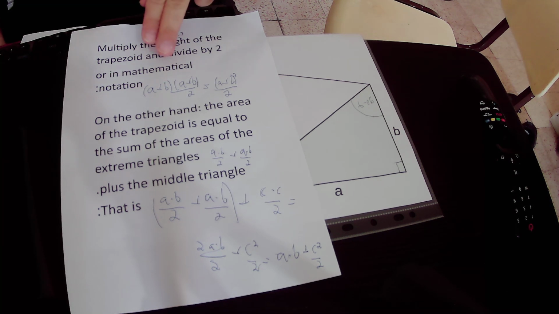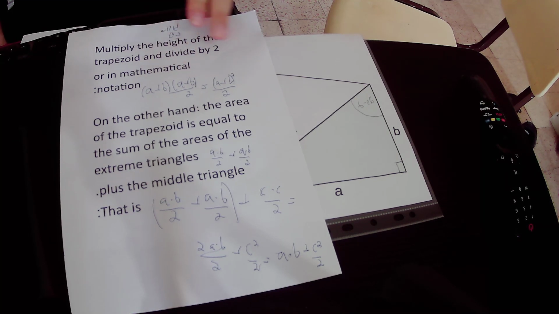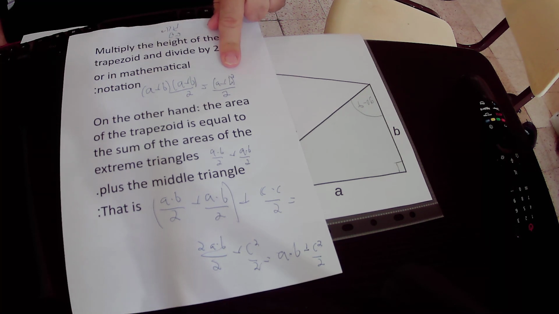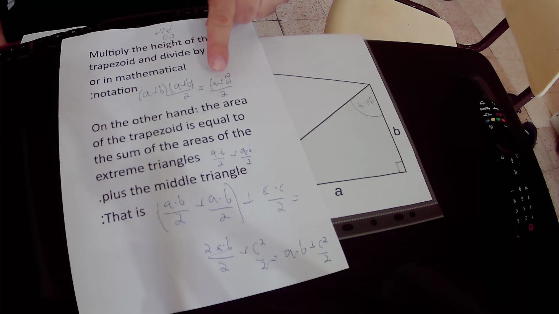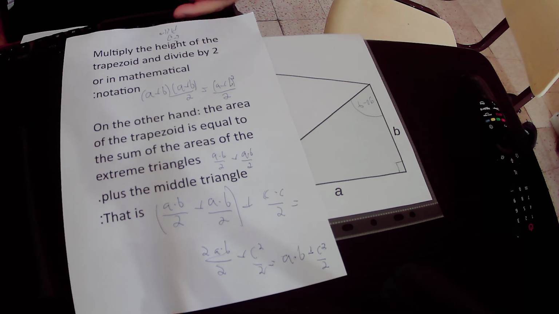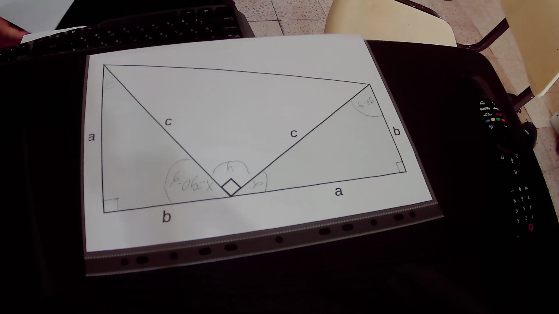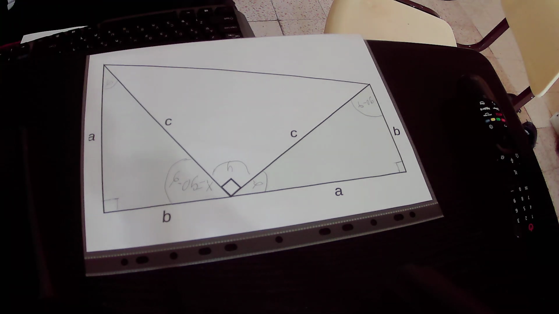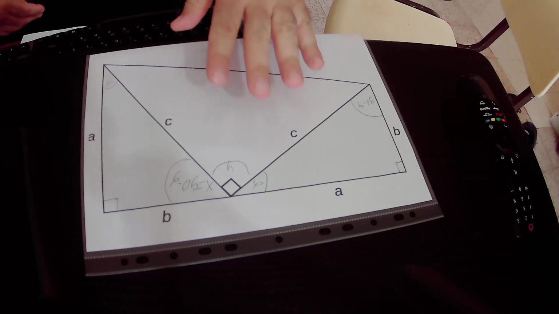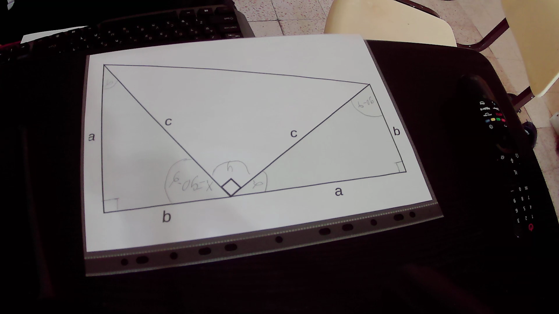That is the sum of the sides A and B times the height of the trapeze, that is A plus B, divided by 2, or it is A plus B squared divided by 2. So this is one way to calculate the area of this trapeze.